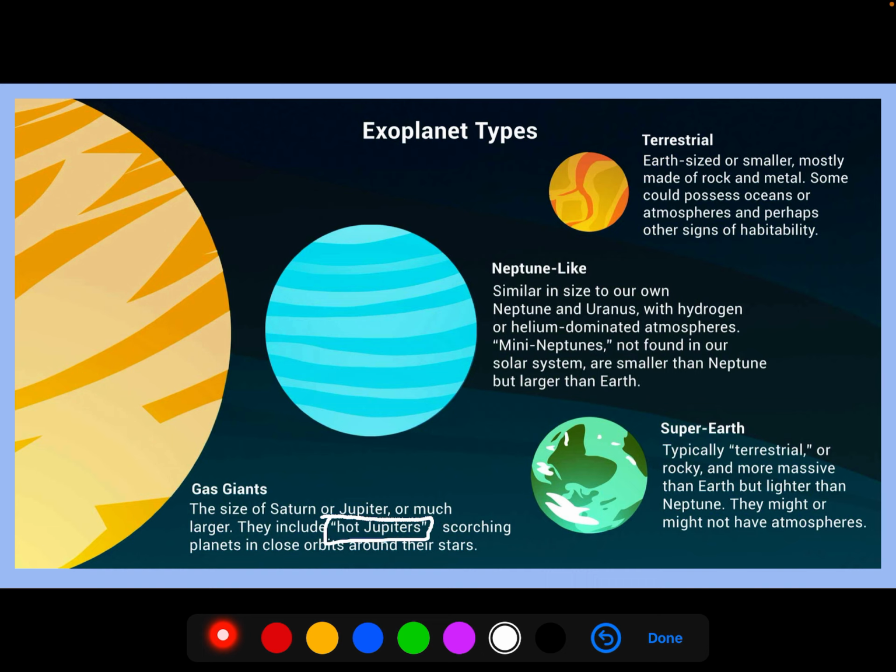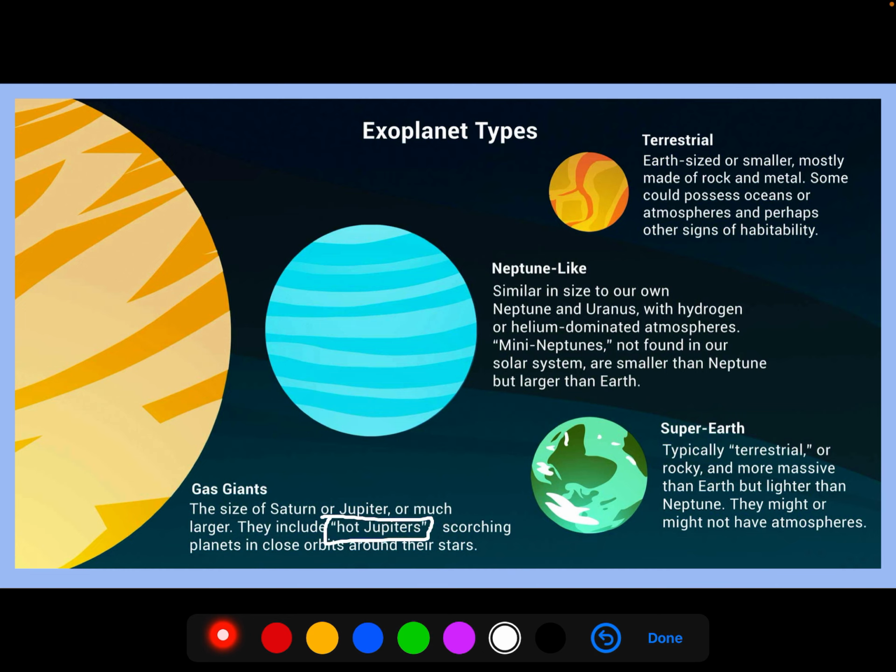And the lighter gas giants tend to form further out because of the outward motion of the radiation and the blasts coming from the early birth of that star, and it kind of blows all of the dust out of the solar system, leaving the heavier things toward the star and the lighter things out toward the edges. So from the perspective of our solar system, it's odd for a Jupiter-sized planet to be very close to its star.